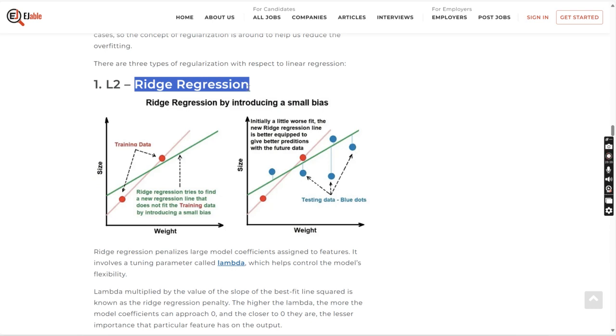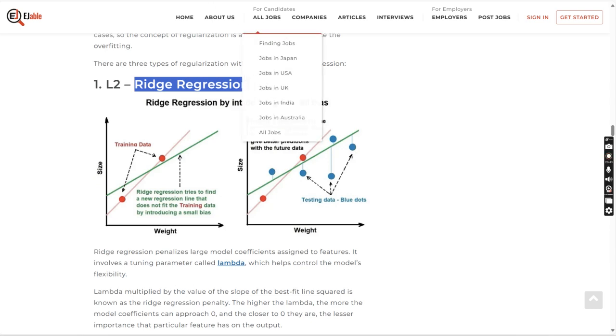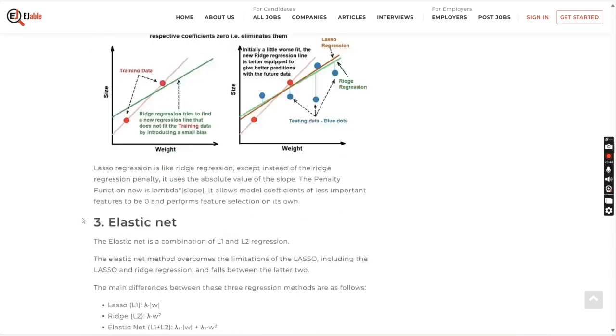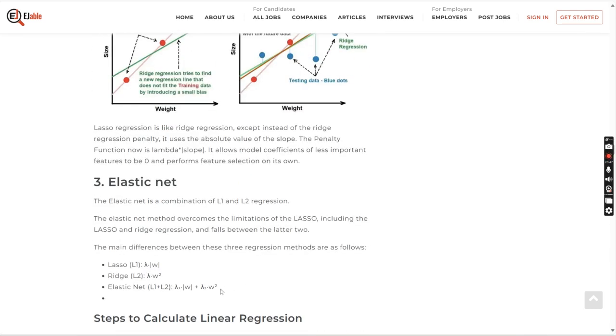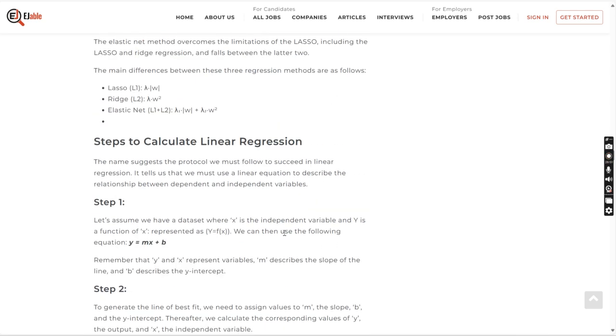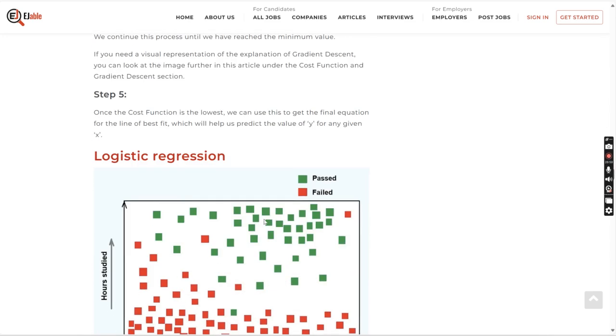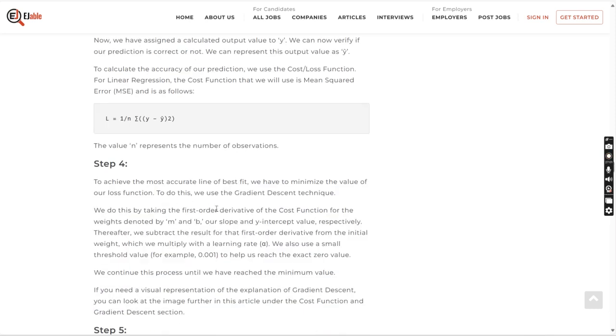So you can use ridge regression, lasso regression or elastic net. I would say experiment with all the three. If you experiment with all the three, one of them will give you the good result. So you can choose the best answer. Is that clear?